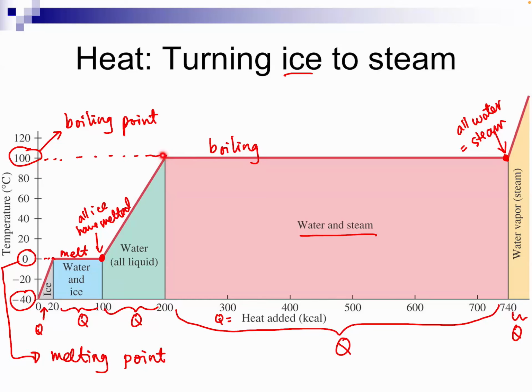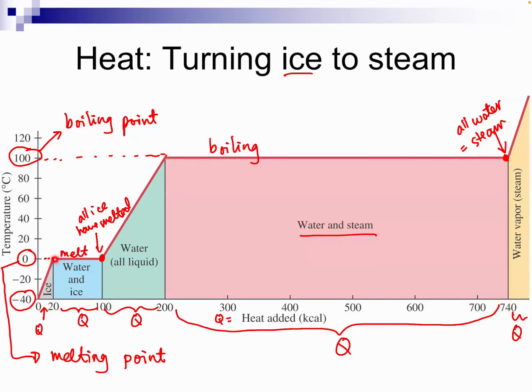If you further remove heat from liquid water, the temperature of liquid water will decrease up to the freezing point, 0 degrees Celsius. If you take away heat, then the water starts to freeze and you have this water and ice mixture until all of the water has frozen to ice.